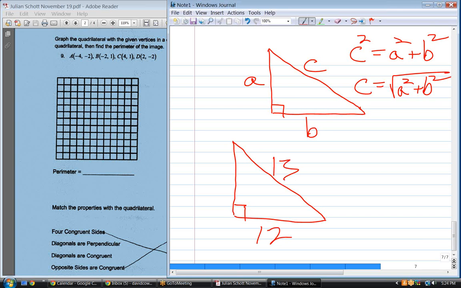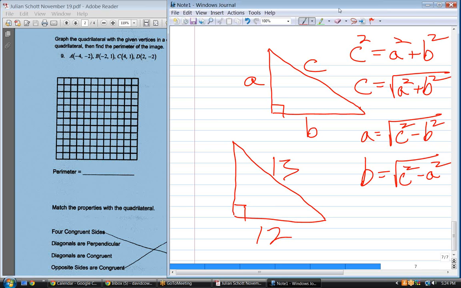Sometimes they will give you the hypotenuse and one side, which means I'm solving for one of these sides. If I move one of the sides to the other side, I get a is equal to the square root of c squared minus b squared. Or if I'm solving for b, it's the square root of c squared minus a squared.